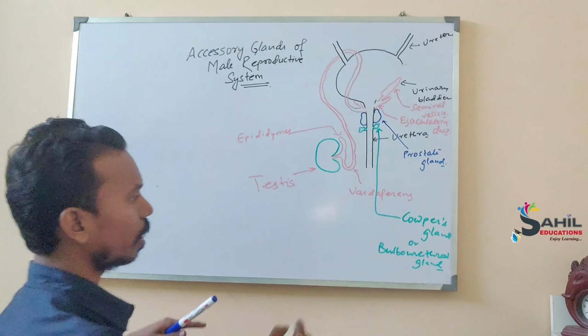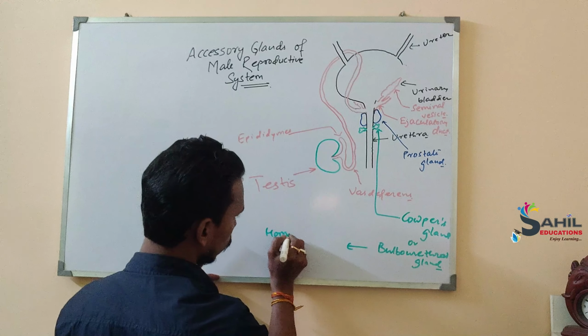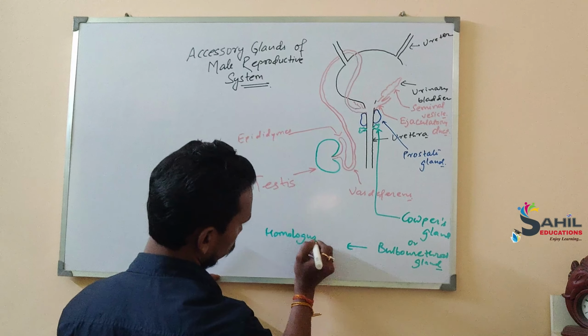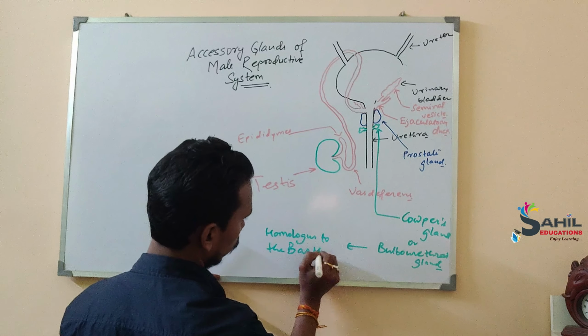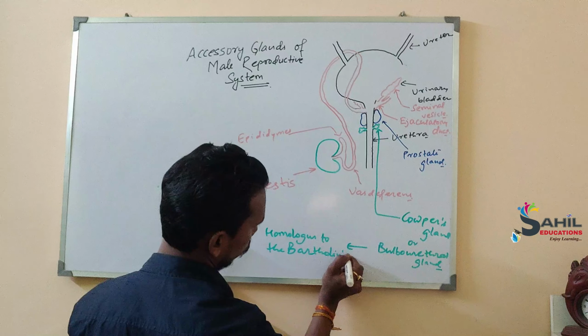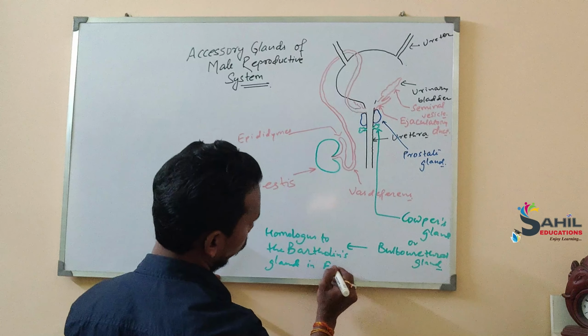This bulbourethral gland is homologous to the Bartholin's gland in females.